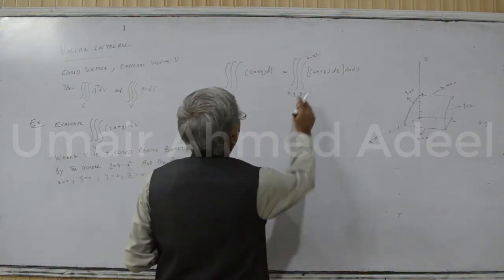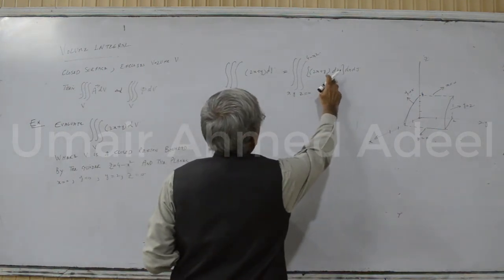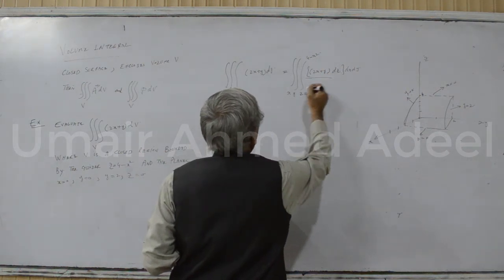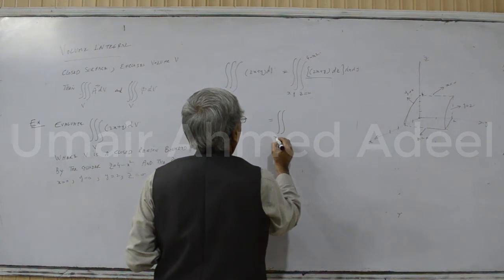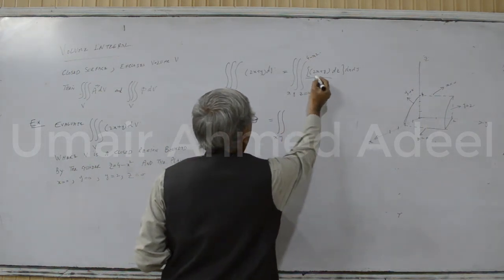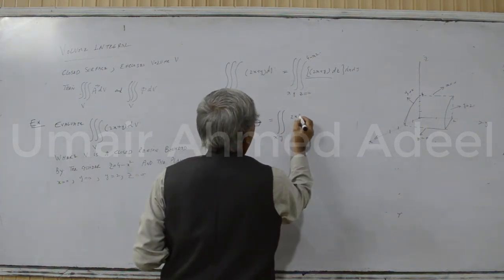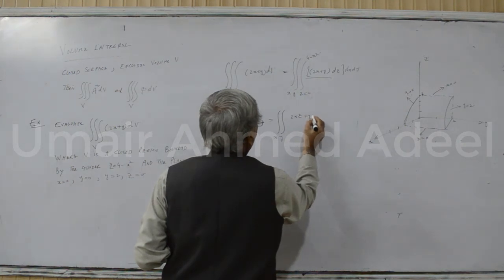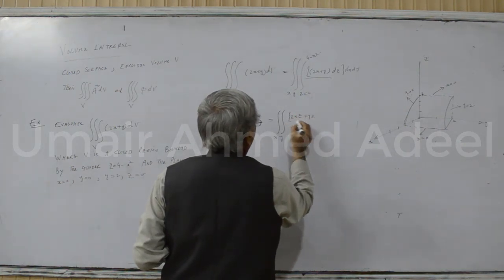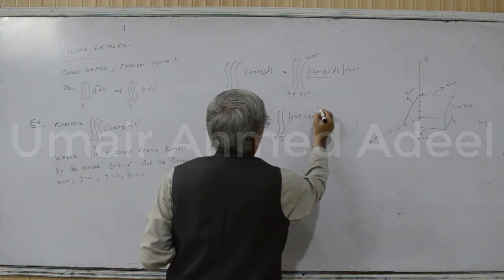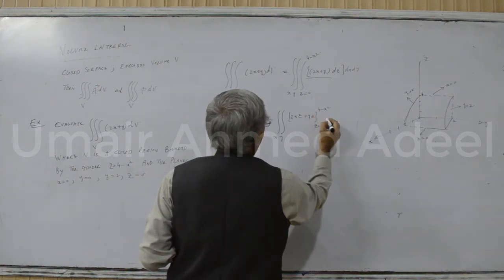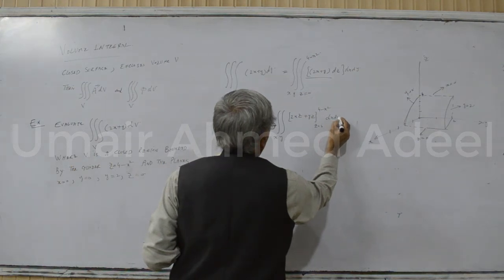The remaining thing is to integrate it first with respect to z between these two limits, and these two integrals are left. So the answer will be (2xz plus yz), and the limit will be z is equal to 0 to z is equal to 4 minus x square, dx dy.